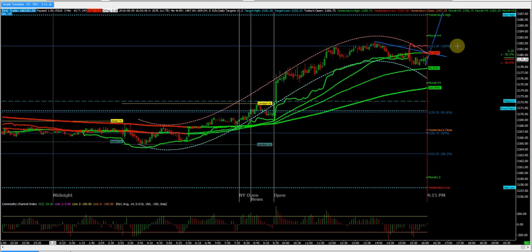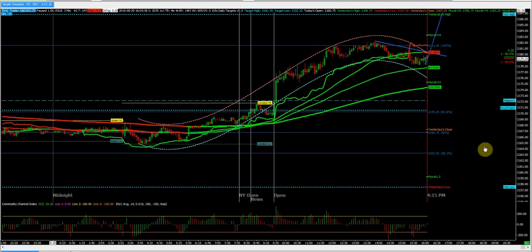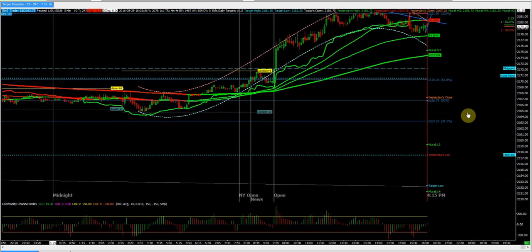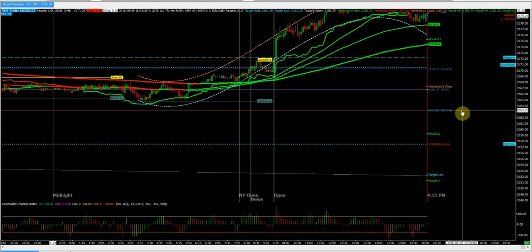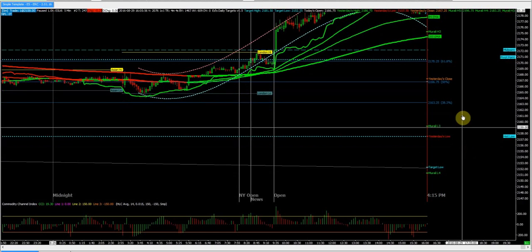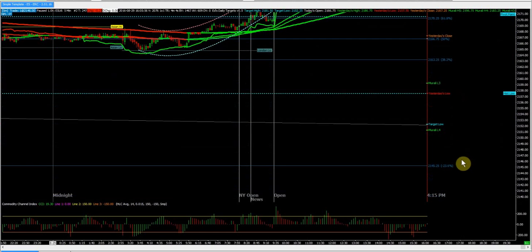You can see the 100% level here, and the 0% level, and negative 23.8 down here.